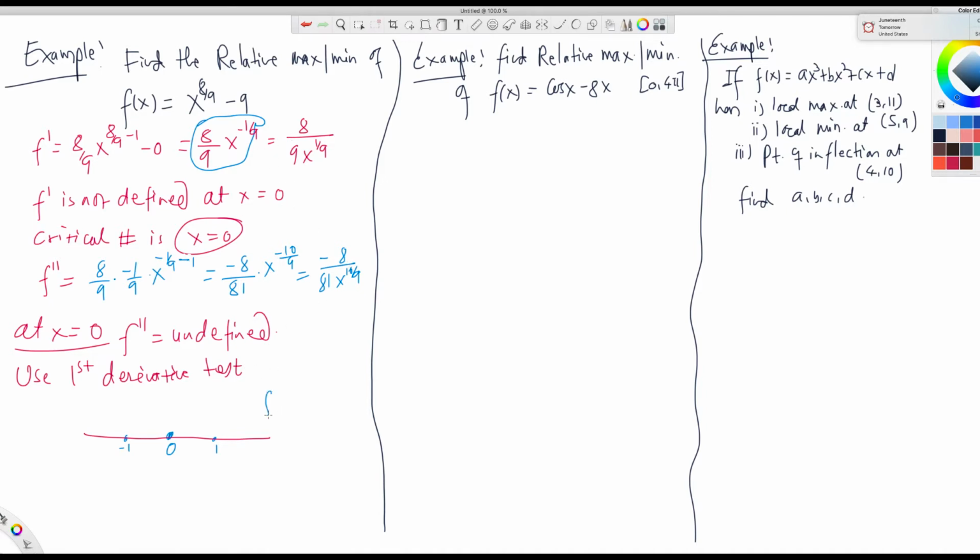First, let me write down the first derivative. So the first derivative is 8 over 9 times x to the 1/9, right? If you plug in positive 1 and negative 1, what do you get?